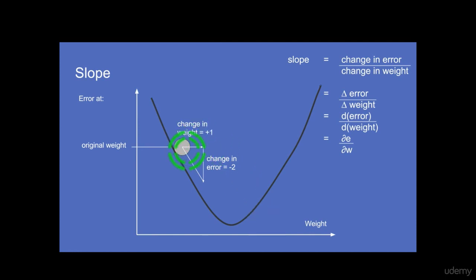And so the change in weight in relation to the change in error, this relation is the actual slope. So we can say that the slope is equal to the change in error in relation to the change in weight.